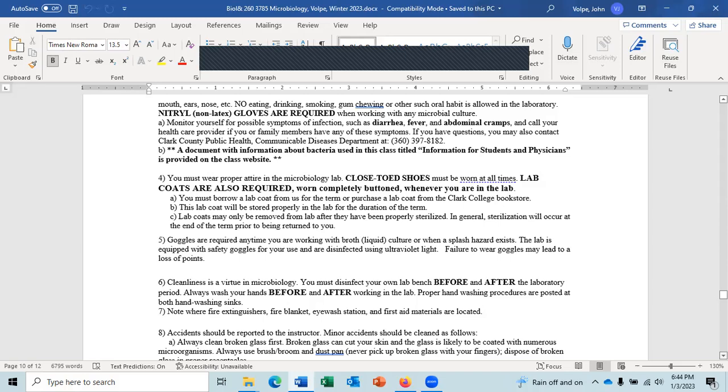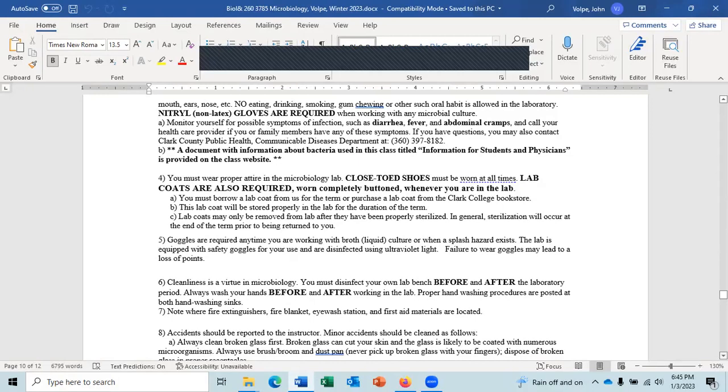And then at the end of the lab, you would first clean up your work area. We'll talk about that in a minute. And then you would take off your gloves, take off your lab coat, go wash your hands, and then leave the lab.